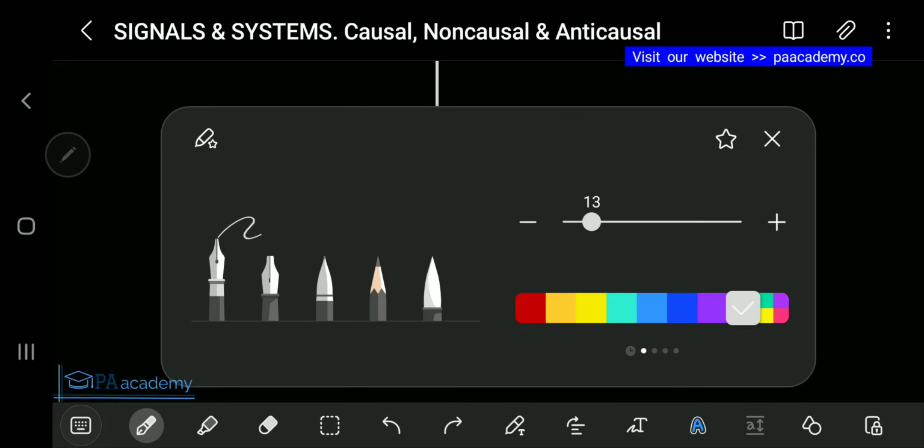Now let's quickly look at what a non-causal signal is. That should be number 2.